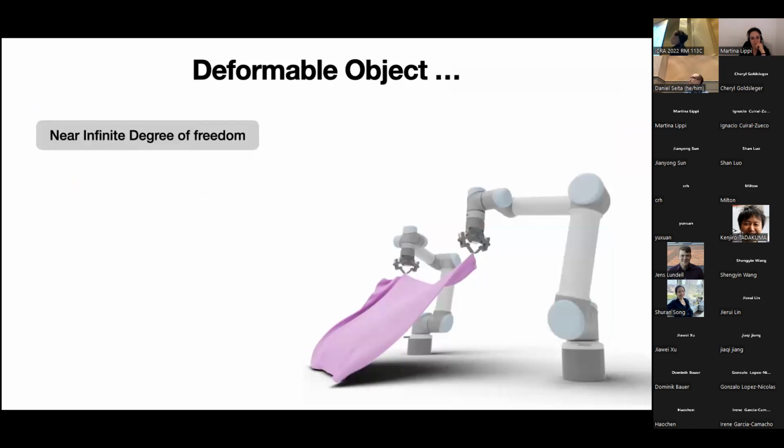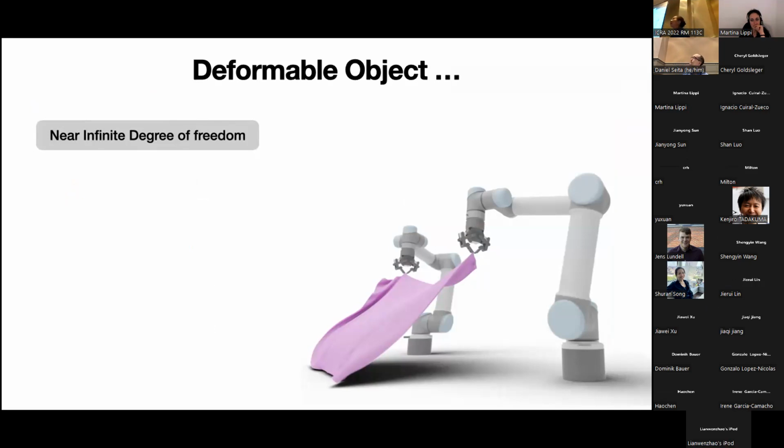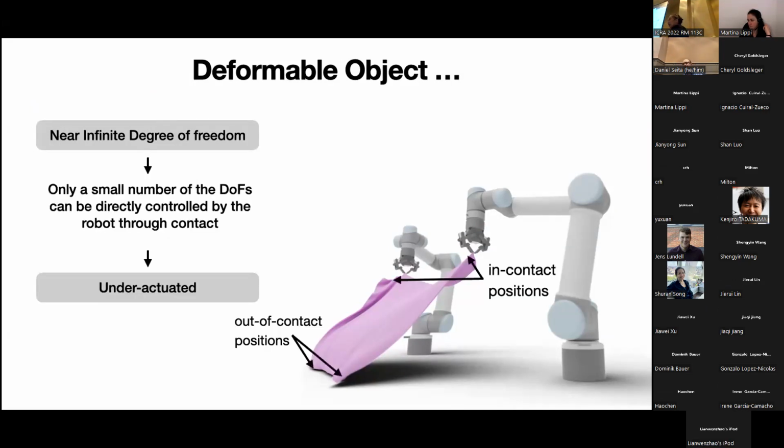That is, there is an extremely high degree of freedom. For objects like clothes or garments, they can easily be considered to have a near infinite degree of freedom. What makes things worse is that among all these degrees of freedom, only a very small amount can be directly manipulated or controlled by the robot through contact. In other words, the system is often highly under-actuated.